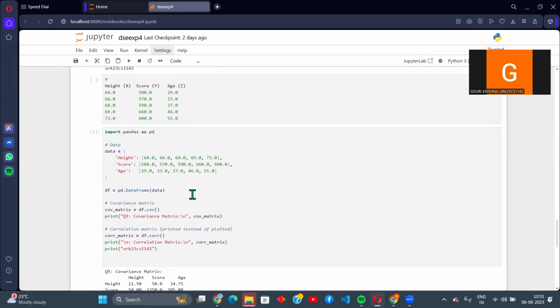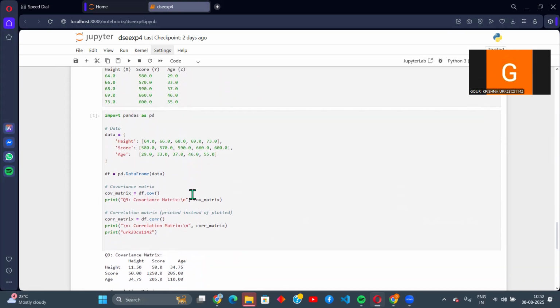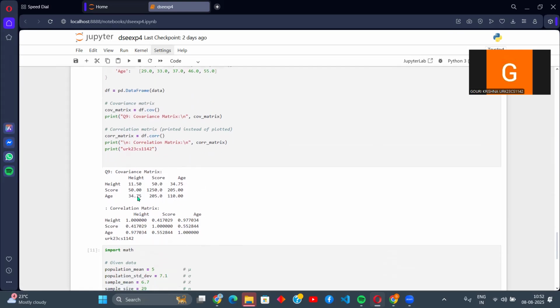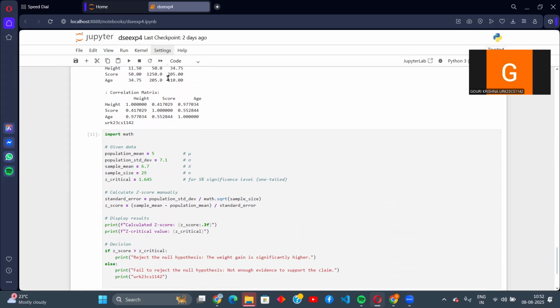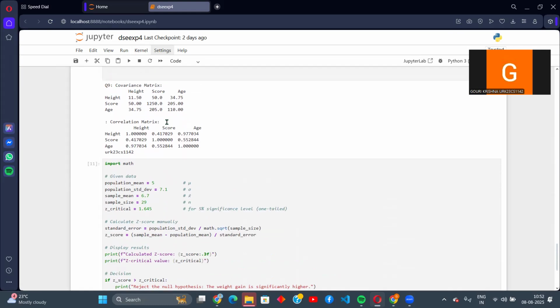Then it computes the covariance matrix, which shows how pairs of variables vary together. And it computes the correlation matrix, which standardizes the relationship strength between variables to a range from -1 to 1. This is the covariance matrix and this is the correlation matrix, the two matrices in the output.